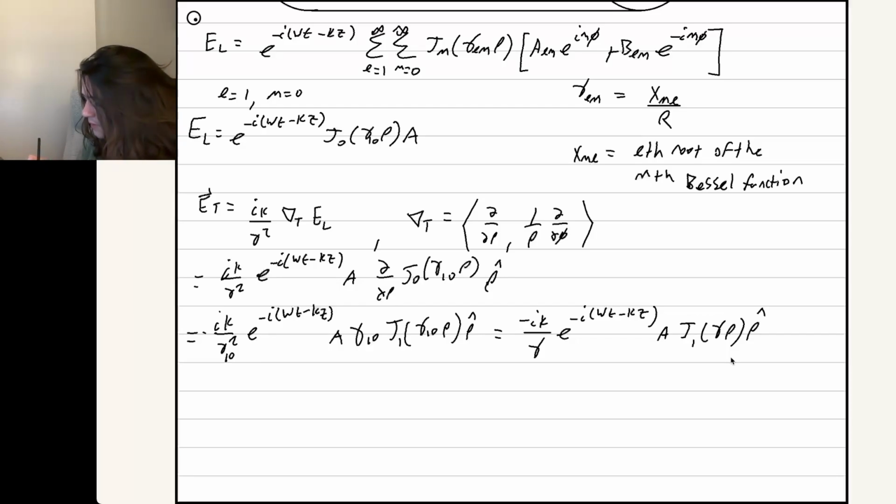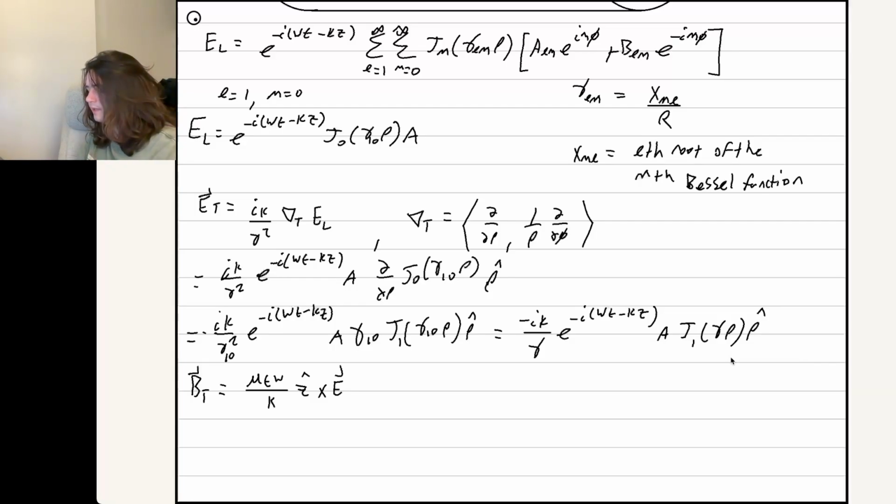Awesome. We can get the transverse magnetic field now, which is going to be mu epsilon omega over k, z hat cross E_t. So z hat cross rho hat is just phi hat.